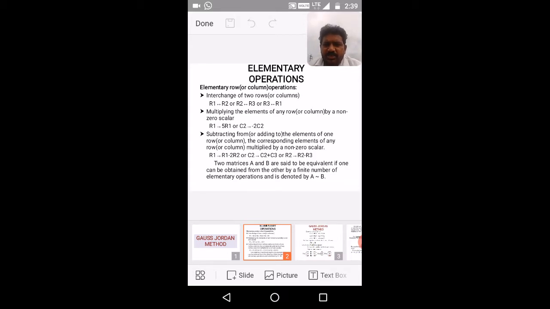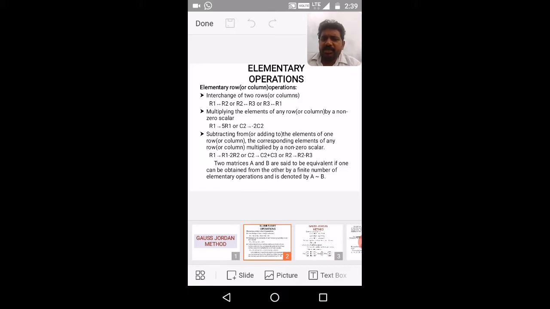Many such things we use while solving these questions in the Gauss-Jordan method. Column operations may also be taken, but in this one we consider only row operations.